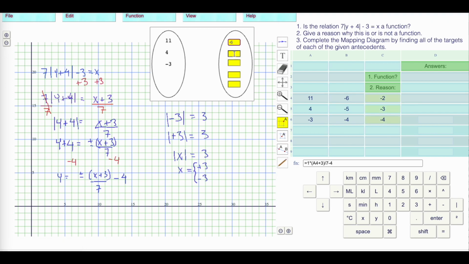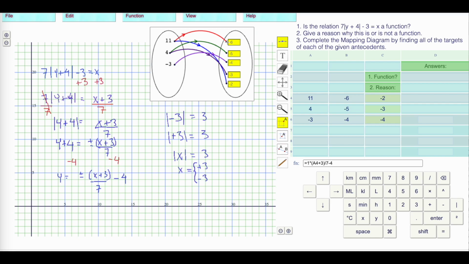The 11 gets mapped onto the negative 6 and the negative 2. 4 gets mapped onto the negative 5 and the negative 3. The negative 3 gets mapped onto the negative 4. That's one to many. Is that a function?